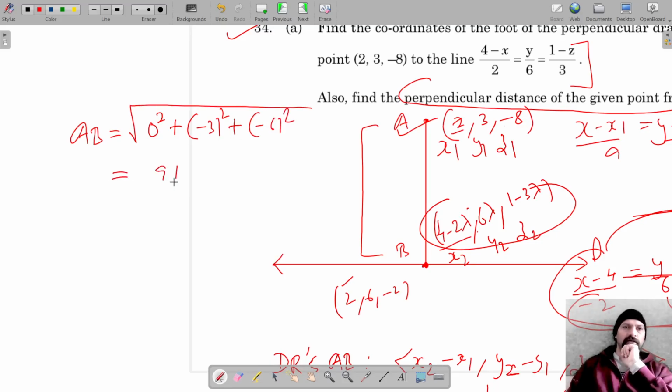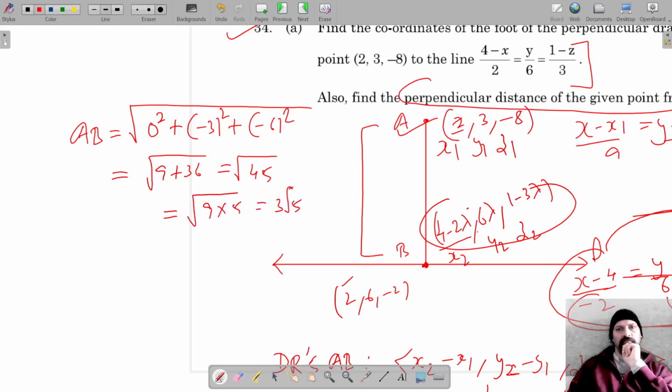So this is 9 plus 36, which is 45, and I can write 45 as 9 into 5. So 3 root 5 units is the perpendicular distance.